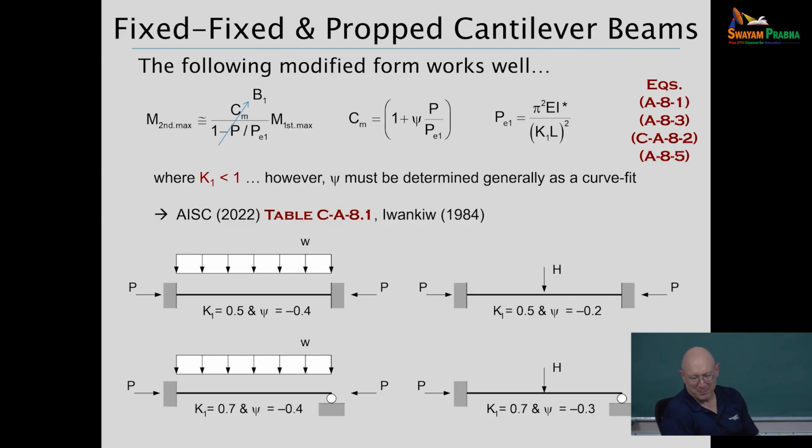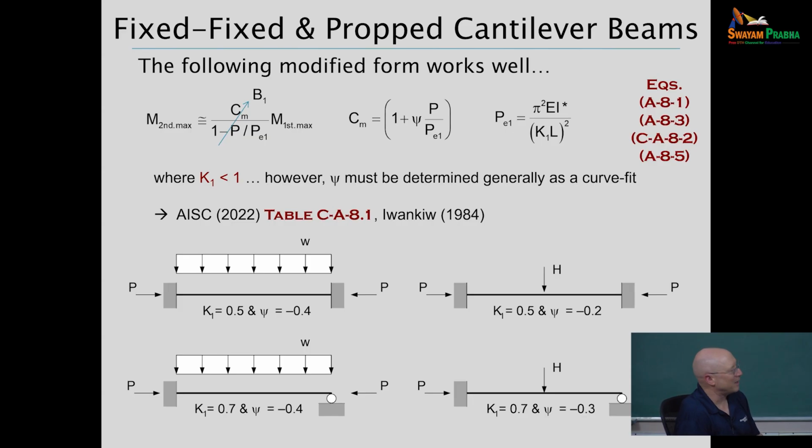There's a paper in the general materials that I've given you, I think in the Module 1 section, from Iwankyu, that shows the development for these particular cases. So if you've got a fixed beam, guess what?